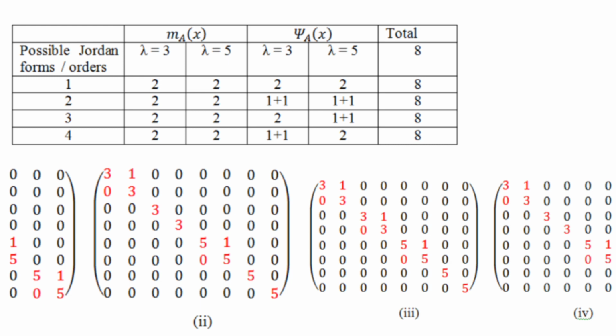Next you take 5. With respect to MA of x, you have to construct a Jordan block of order 2 for the eigenvalue lambda equal to 5. So 5105 for lambda equal to 5.